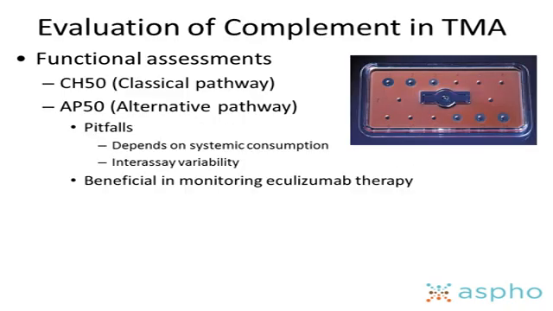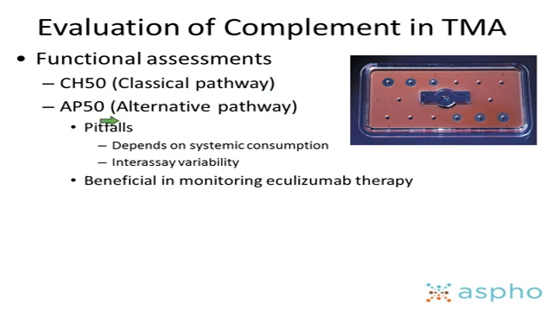Okay. So in terms of evaluation of the complement system, some of the oldest methods in use were functional assessments, specifically hemolytic assays like a CH50, which interrogates the classical pathway, and an AP50, which interrogates the alternative pathway.